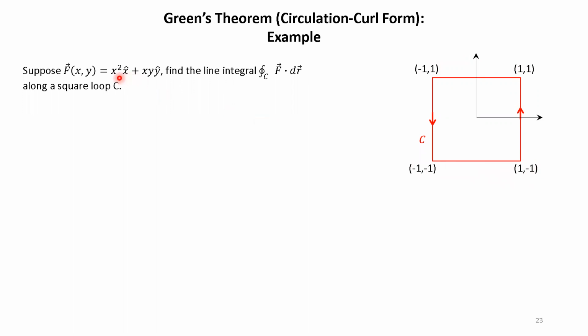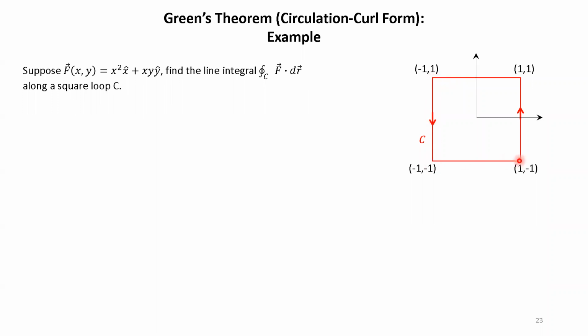Now, this is my field F. If you don't know Green's theorem, you still know how to do it. You need to integrate over this segment, do your parameterization, and then do another parameterization for the next segment, and then the third one and the fourth one.